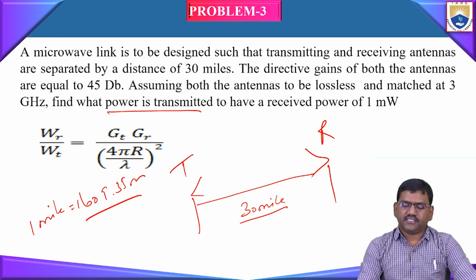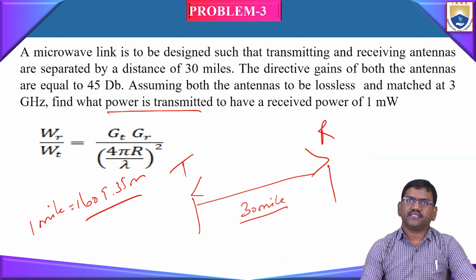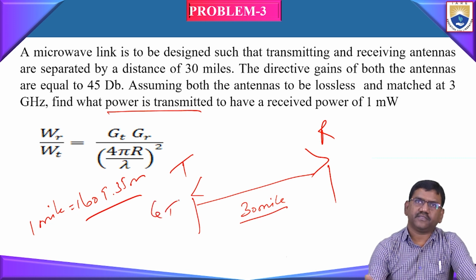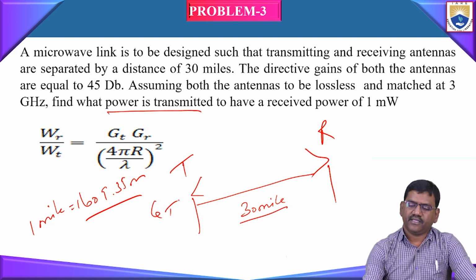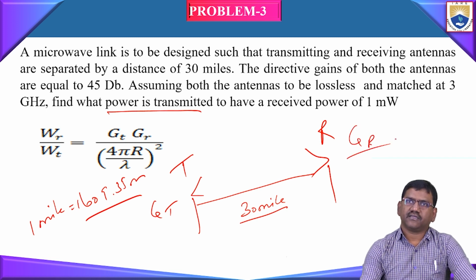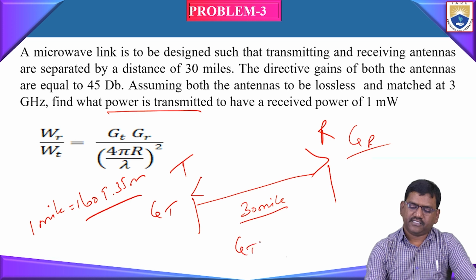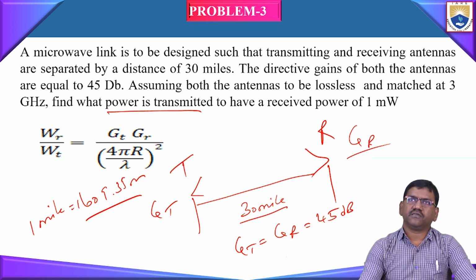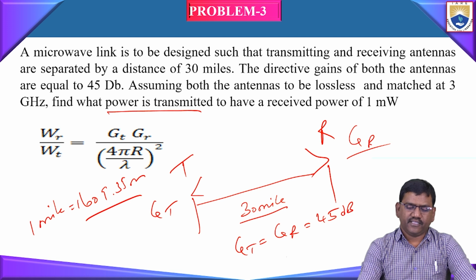In the data, the directive gains of both the antennas are given as 45 dB. Let us assume the transmitting gain of the antenna as GT and the receiving gain as GR. So GT is equal to GR is equal to 45 dB, as given in the data.